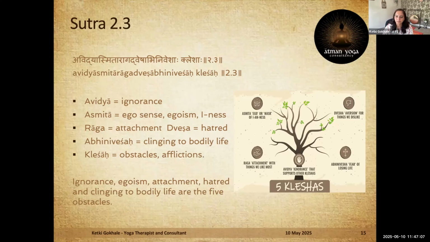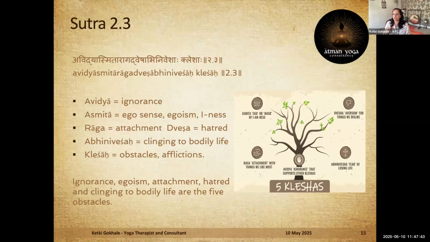So if you see in this picture, if we consider the root of the tree, avidya becomes the ground on which all other kleshas are sprouted. Avidya is the root cause. Ignorance, wrong knowledge about our own being, that is avidya.